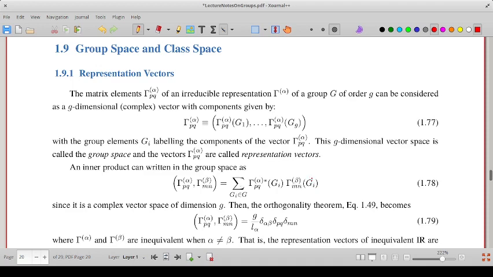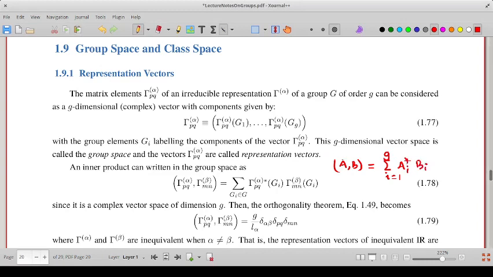So if we have two complex vectors in a g-dimensional space, denoted a and b, with components a_1, a_2, etc. up to a_g, and b_1, b_2, b_3, etc. up to b_g, then the inner product of a and b can be defined as the sum over i running from 1 to g of a_i star b_i.